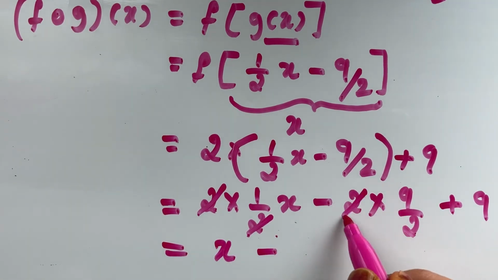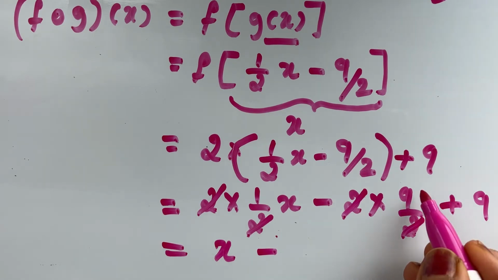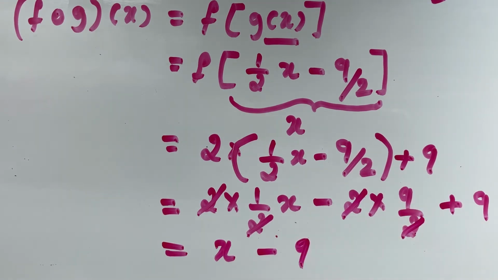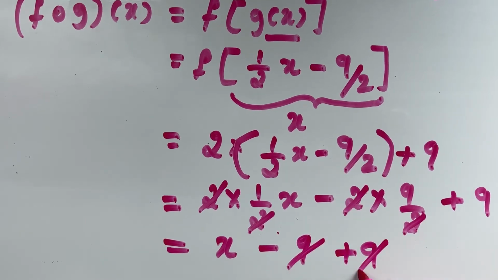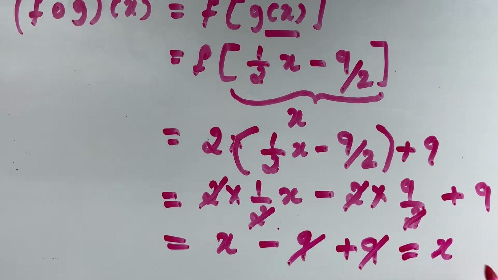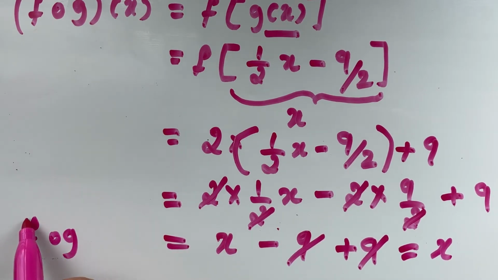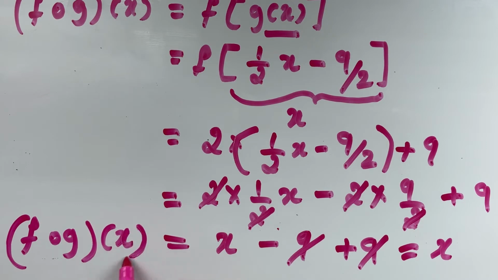Minus, again 2 and 2 cancel, the remaining value is 9, plus 9. So minus 9 plus 9 cancels out, and the remaining is x. So what is f composition g of x? F composition g of x is equal to x.